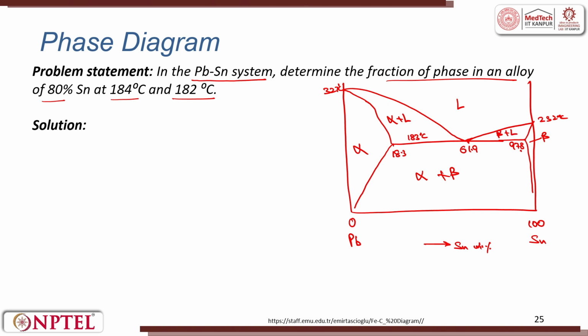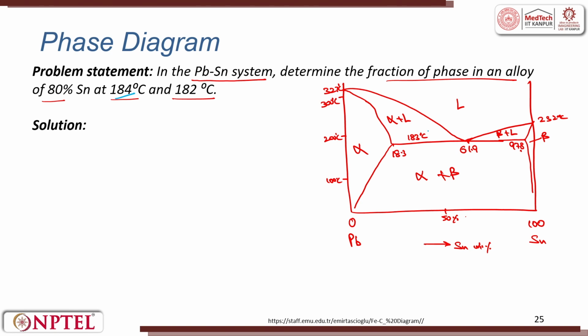Now, the point of interest they have asked, this I can also further label here, this is 100 degrees, 200 degrees, 300 degrees. And because the axis runs from 0 to 100 tin, I could divide it into certain parts. For example, here I have 50% of tin and 50% of lead. Now, the point of interest given in the problem statement is 184 degrees centigrade and 182 degrees centigrade.